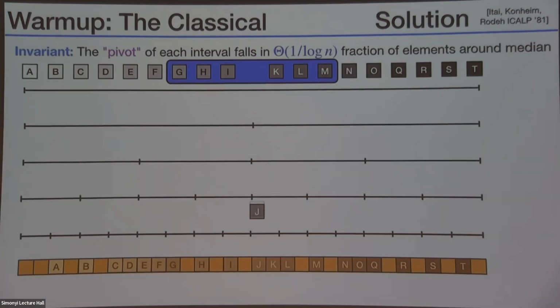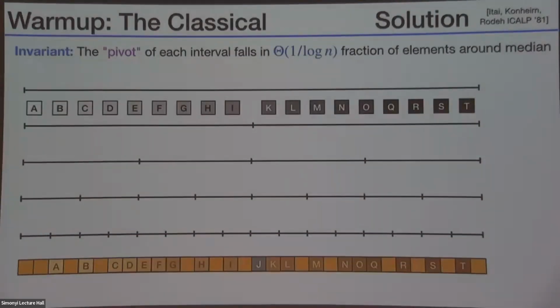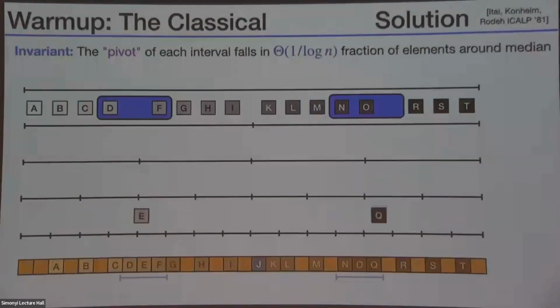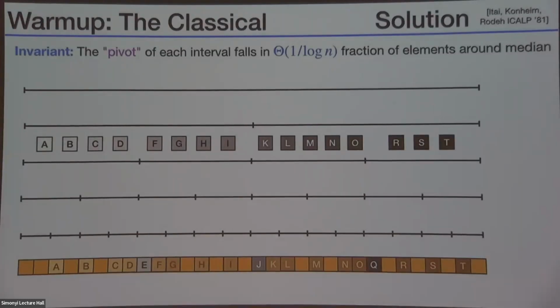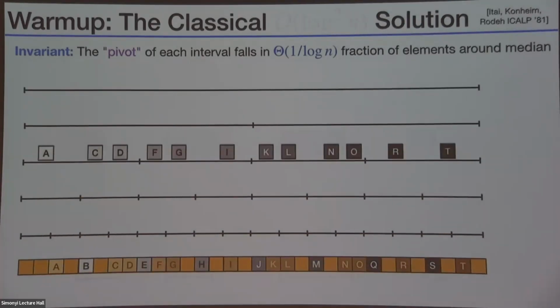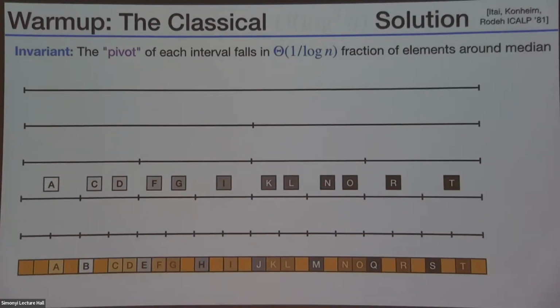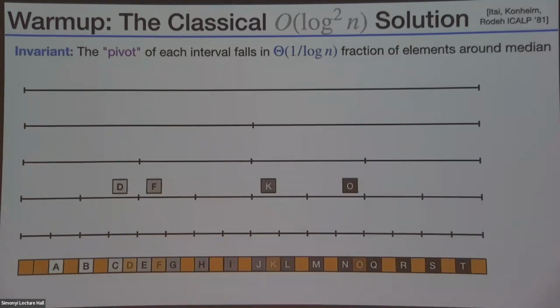Then we can continue verifying that the pivot is indeed in the candidate set as we go down the tree. Is that all okay? Yes. Is the bottom level of the tree batches of size log of something? How do you maintain the invariant in small things? Yeah, that's a great question. Yes, it is log.